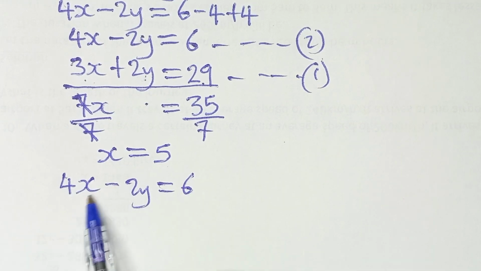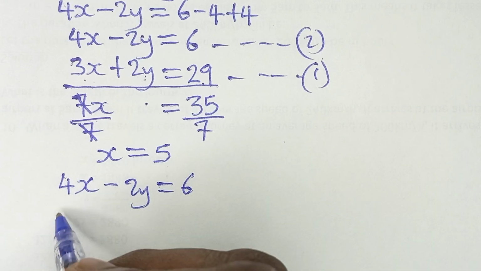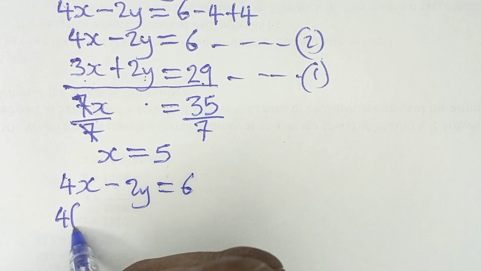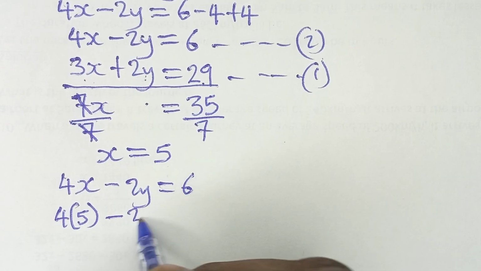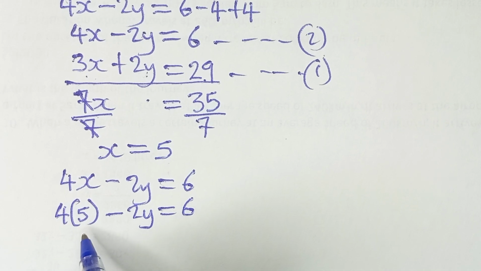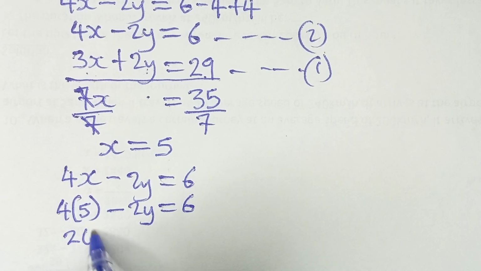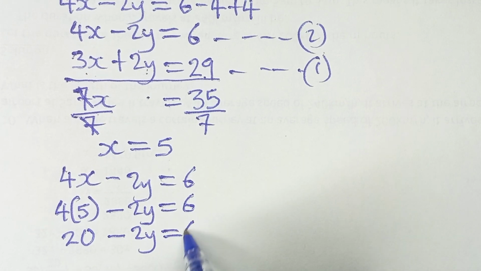So anywhere I see x, I'm going to substitute the value 5 because I've already obtained x as 5. So 4x means 4 multiplied by 5 because x is 5, and then minus 2y is equal to 6. So 4 multiplied by 5 will give me 20. So 20 minus 2y is equal to 6.